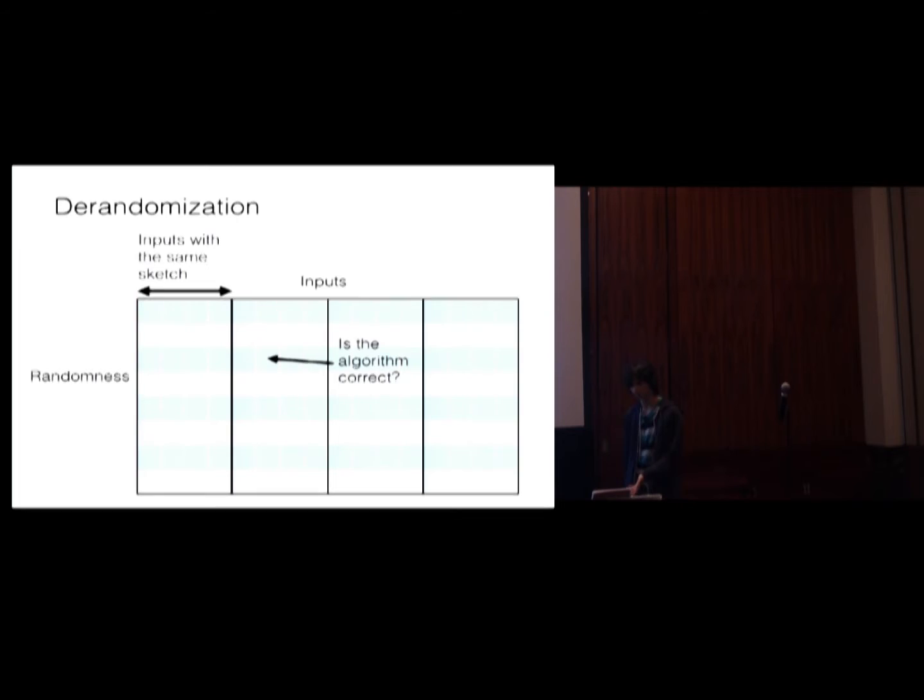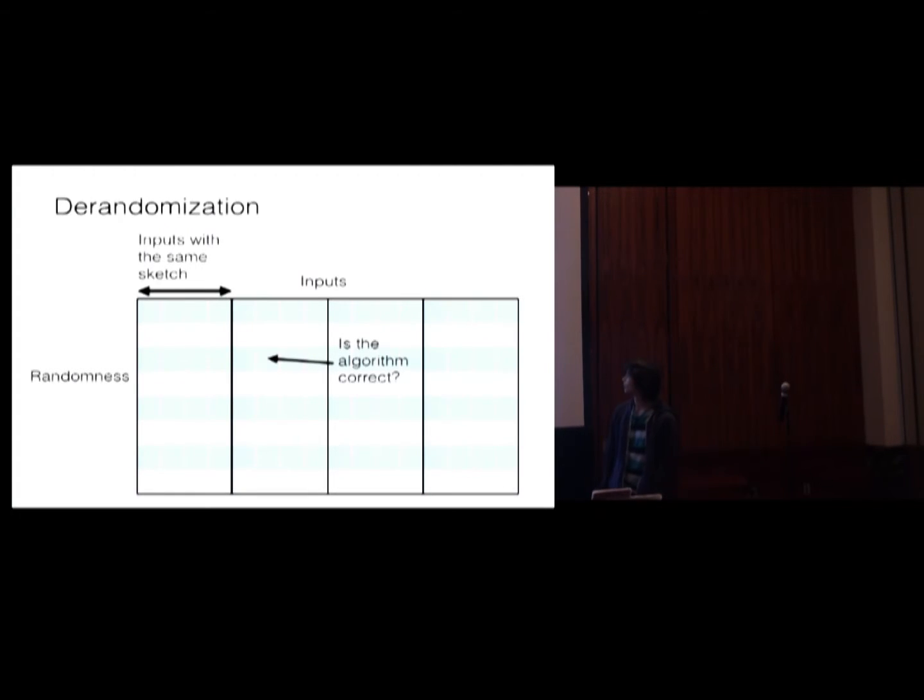So what we do is we partition the inputs into inputs with the same sketch. Now for a second, imagine that for any two inputs with the same sketch, the algorithm behaves identically. So any two columns that are in the same box are identical. What happens in this case is that we only need an error probability of exp to the minus k instead of minus n, where k is the sketch size.